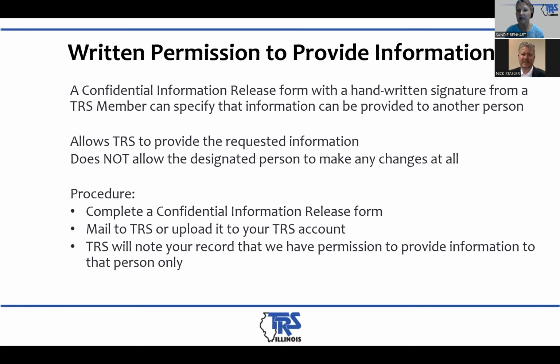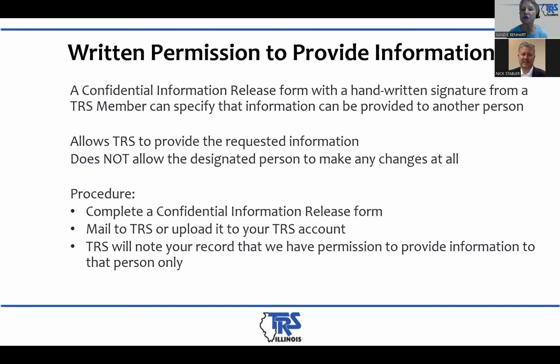So it's going to tell us which categories of information we can tell someone else about. We're going to know exactly who that person is, but it does not allow them to make any changes. So even though someone has permission to get information, they cannot say, and by the way, I need to change the address or something like that. They cannot make any changes on your account.